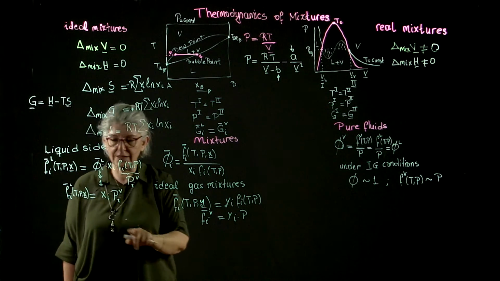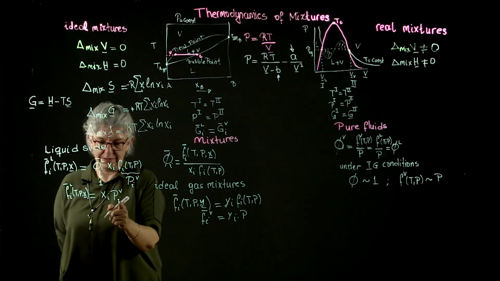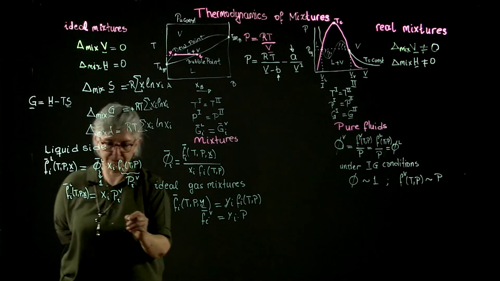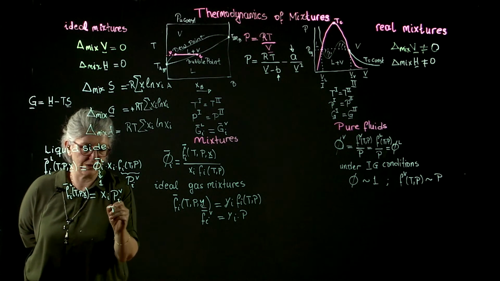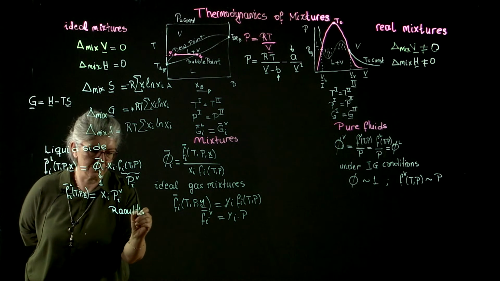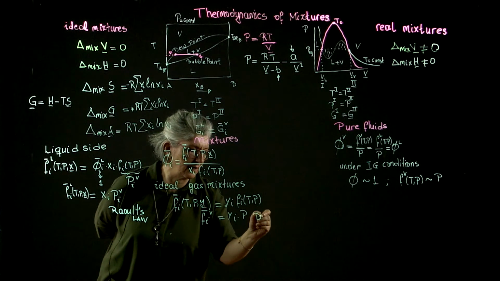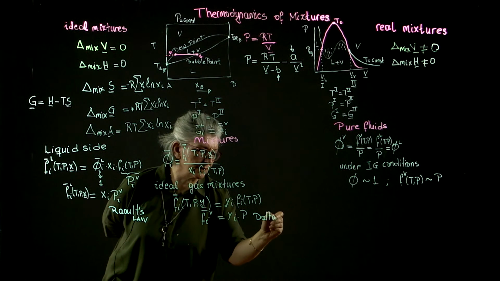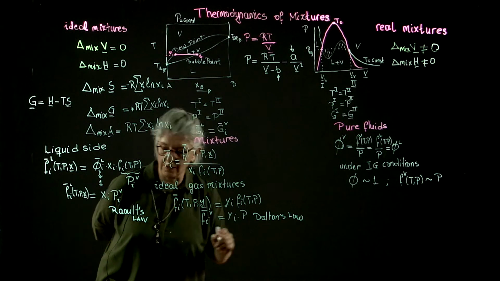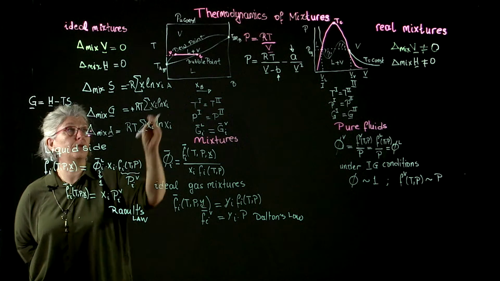So when we take the equality of those fugacities from the liquid side, we have what is called Raoult's law. This is Dalton's law. They're going to be equal to one another at the point of equilibrium.